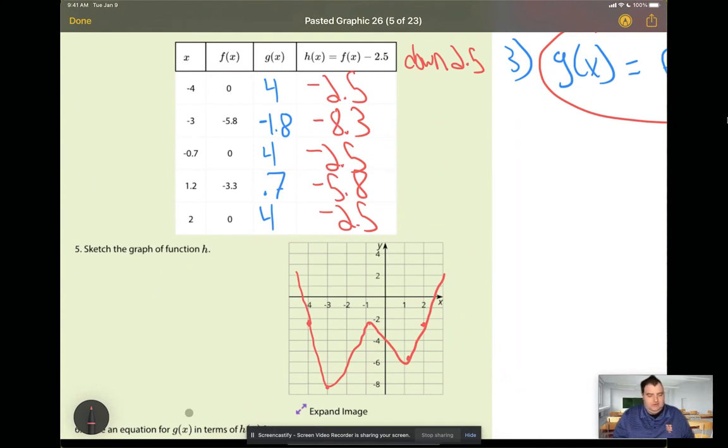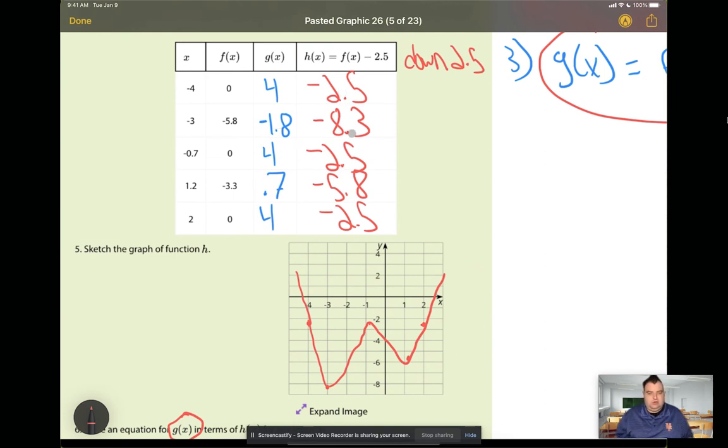Write an equation for g of x in terms of f of x. Write an equation for g of x. If I look at g and h and compare those, I go from 4 to -2.5, -1.8.